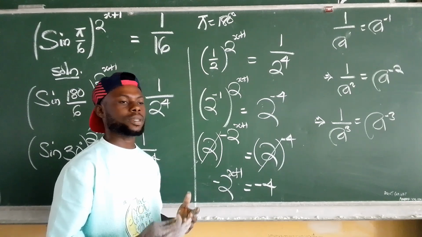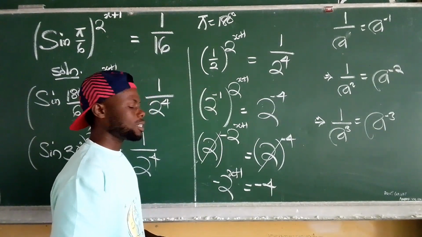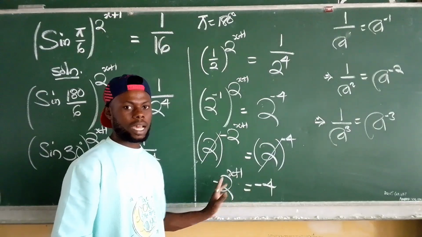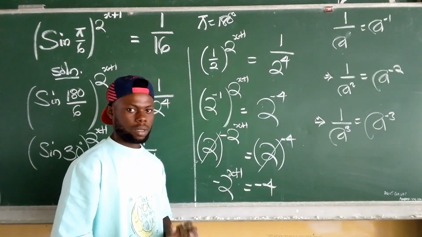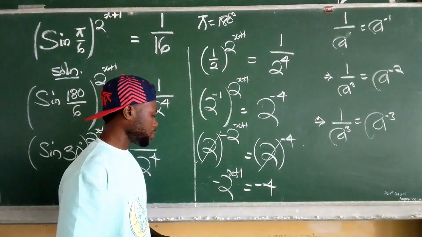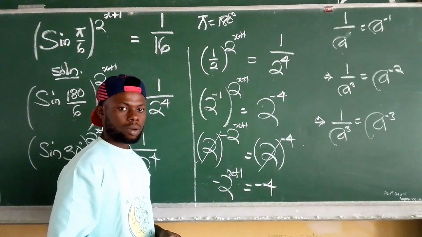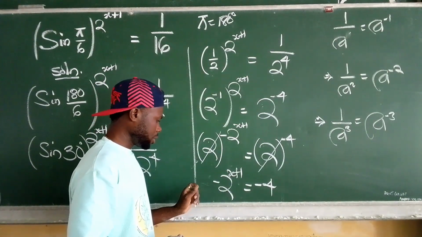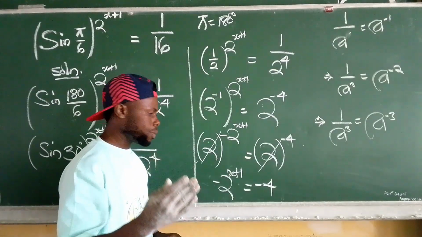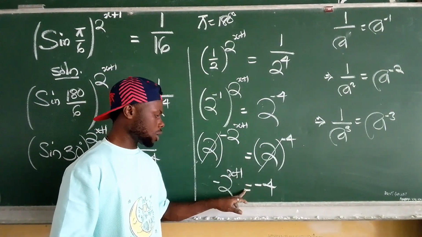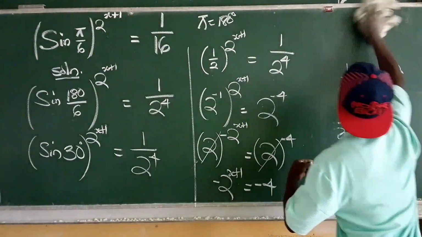It's getting a little bit simpler. Now at this juncture, there's a negative sign on both sides of the equation. The only thing you're expected to do from here is to eliminate the negative signs. Once the negative sign is taken off, we are left with 2 times x plus 1, which equals 4.